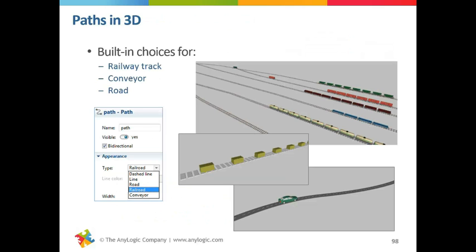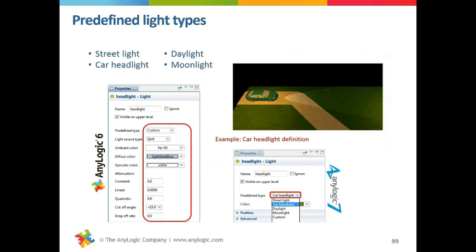All paths are in 3D, whether a rail track, conveyor, or road. There are predefined light types such as street light, car headlight, daylight, and moonlight.